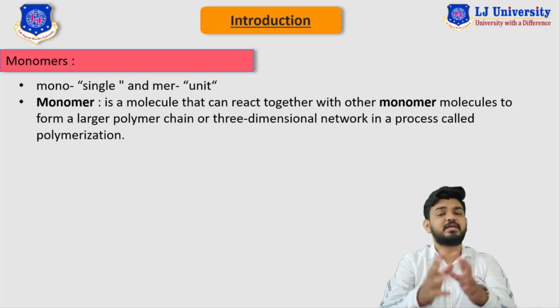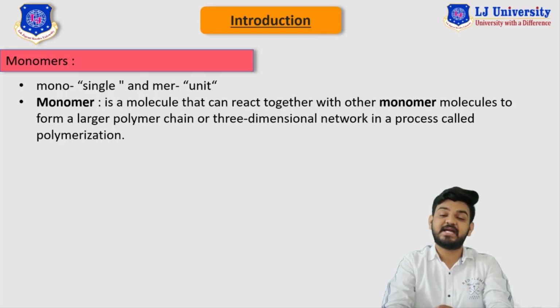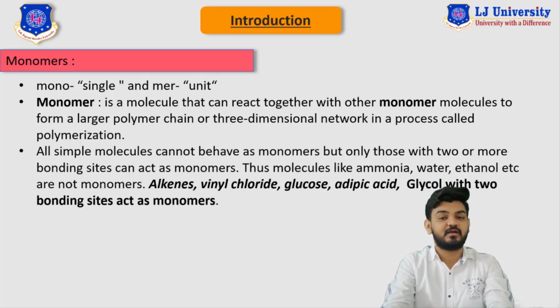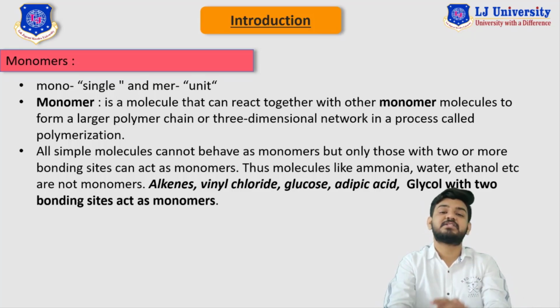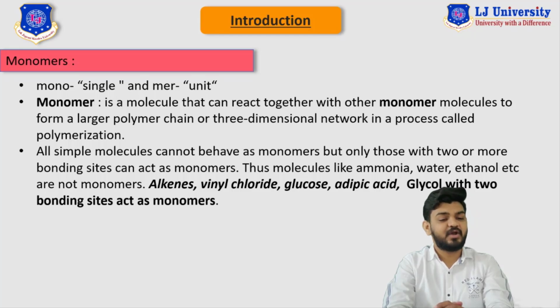Now, all substances cannot be considered as the monomer. Only those substances which have two or more than two active sites can connect to or join each other to produce a large chain of the polymer. So all molecules cannot behave as the monomer, but only those which have two or more bonding sites can act as the monomer.